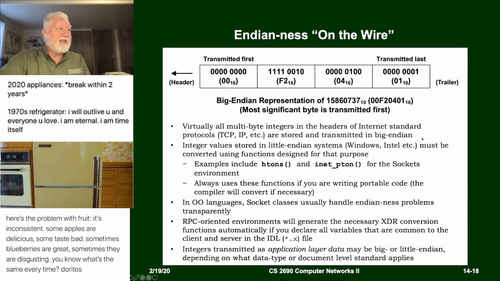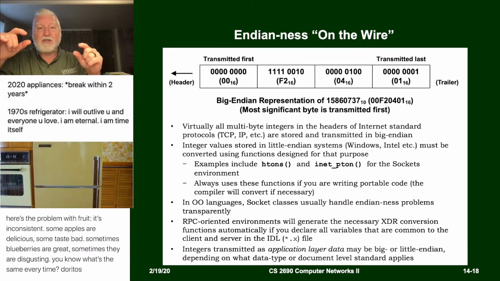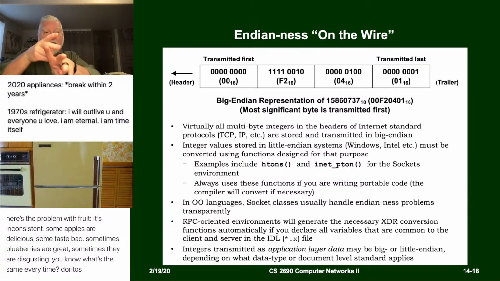So you just have to understand that if I'm going to send a 4-byte integer, 2-byte integer, any multi-byte integer, and I'm sending from a Windows machine, or I'm supposed to put an integer into some header where it expects Big-Endian, I have to switch the bytes. So this is important. If these are 4 bytes, I just switch the order in which I send them. It's like each byte still gets transmitted as a single byte, but the order of the bytes is different.